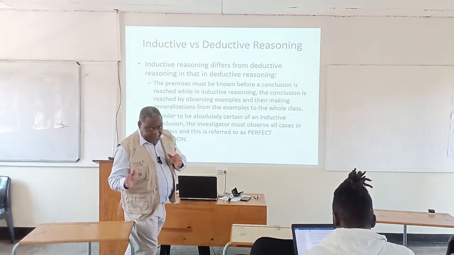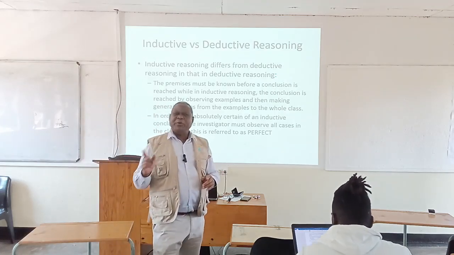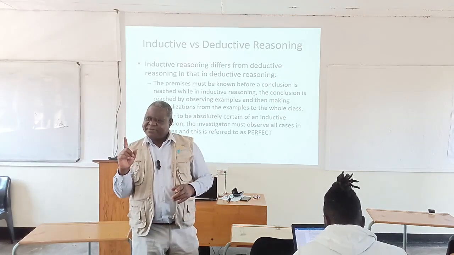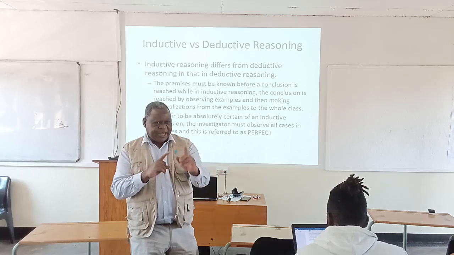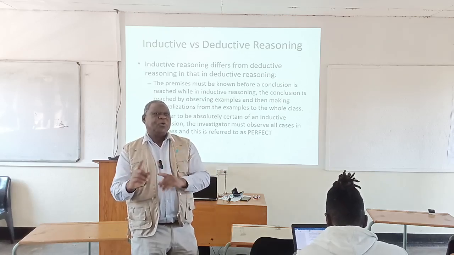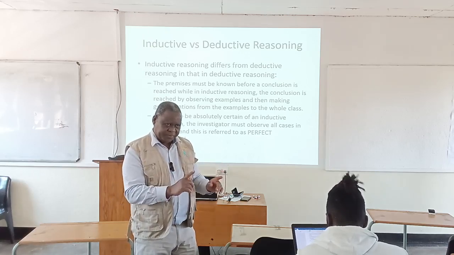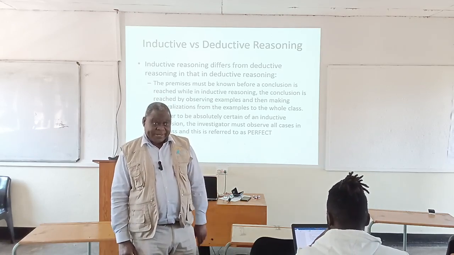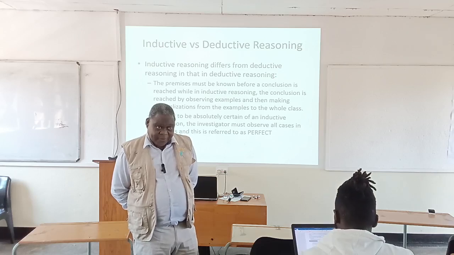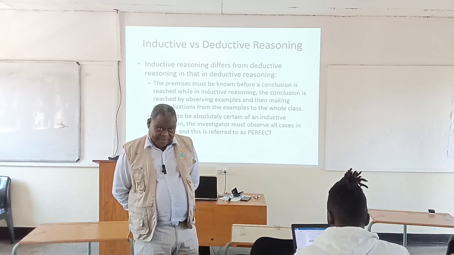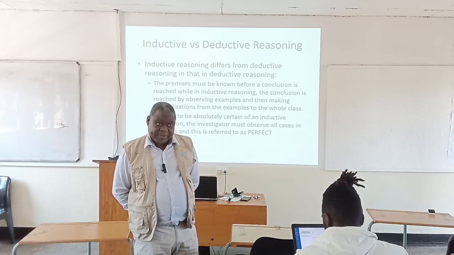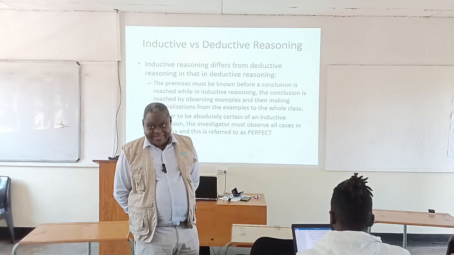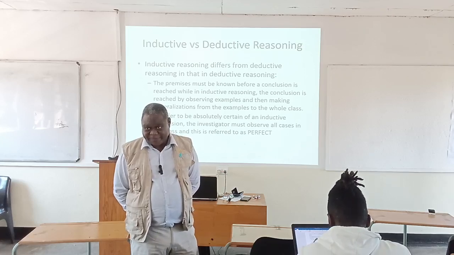In deductive reasoning, you are using facts. And those facts must be logically connected for you to logically come up with a conclusion. The problem with the facts is that you must have a source of those facts. In other words, you must know to come up with facts. You cannot come up with a fact unless you know, isn't it?